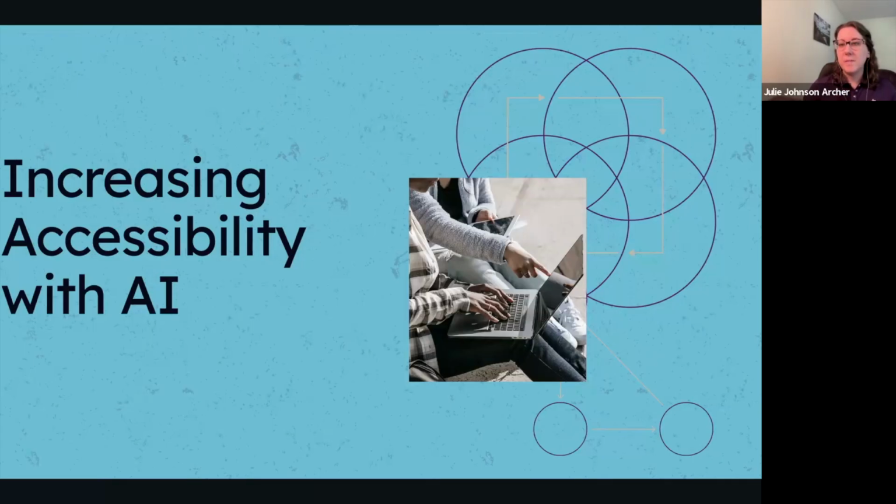I just want to acknowledge that that's not really going to be the focus of today's session. Our presentation will cover some examples of AI tools in the service of accessibility. So we are going to talk about some specific AI tools, and these aren't necessarily better than other AI tools out there. My cat is joining me.